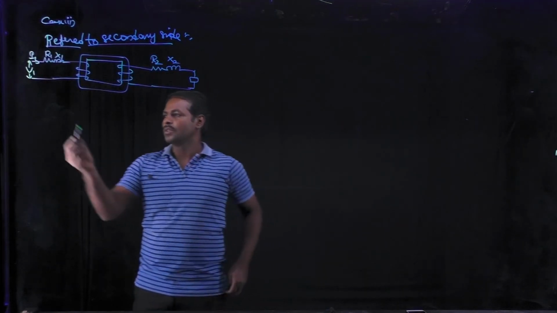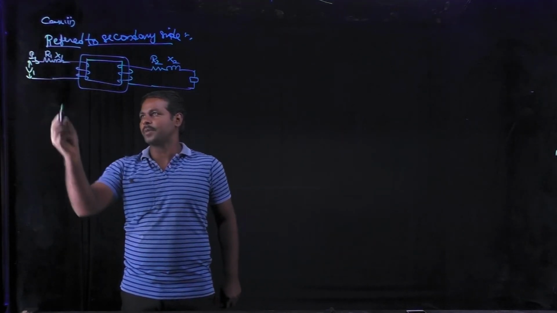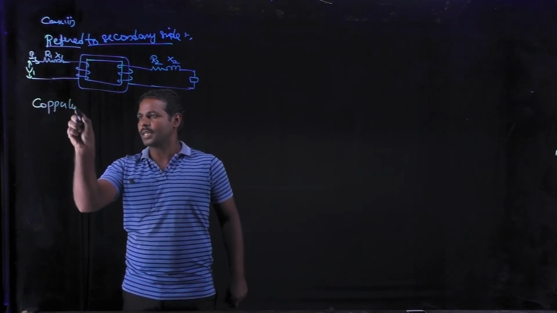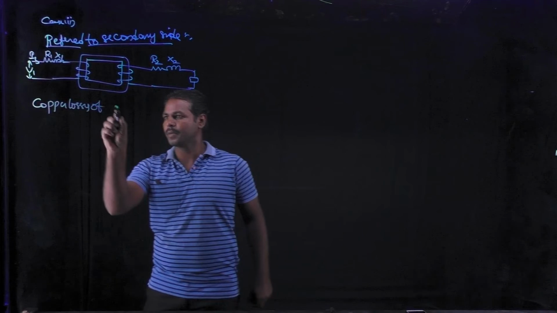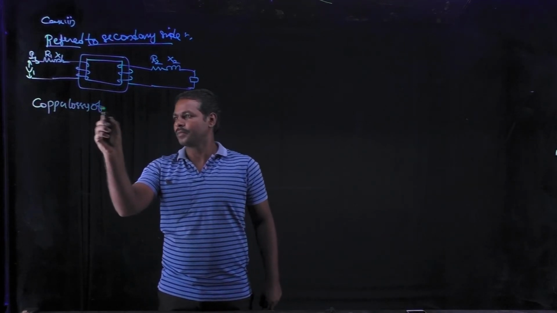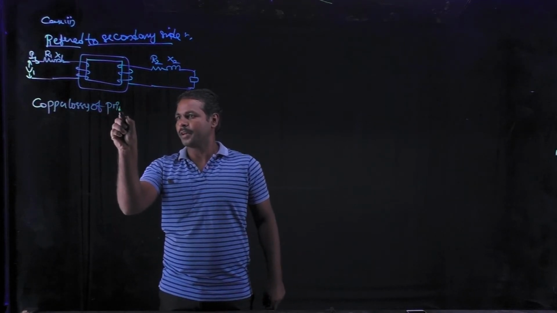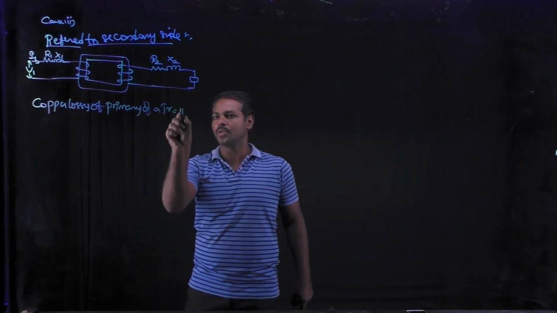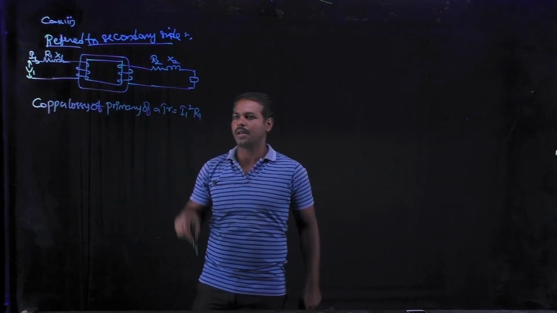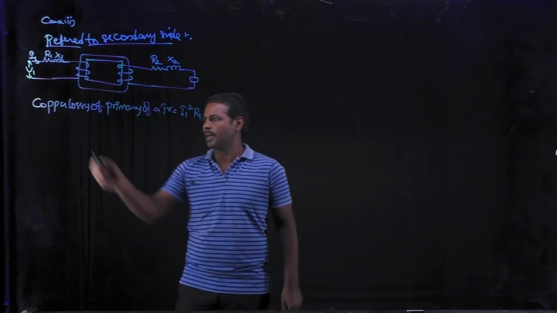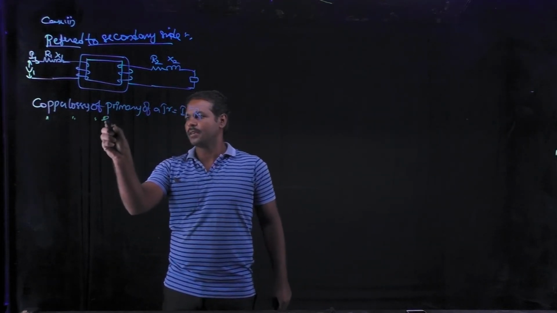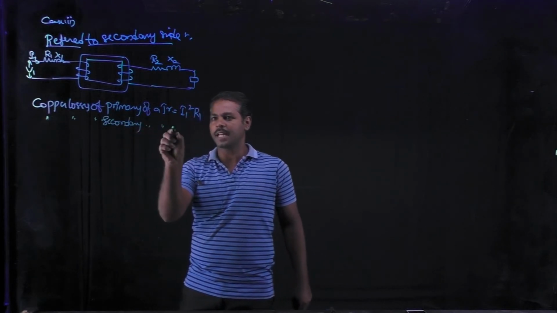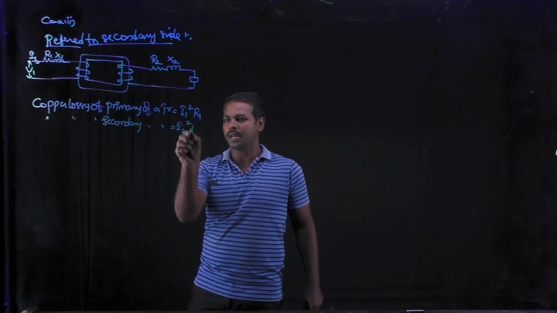So then we can go for the copper losses of a transformer. The primary copper loss of a transformer is equal to I1 square into R1. The copper loss of the secondary of a transformer is equal to I2 square into R2.